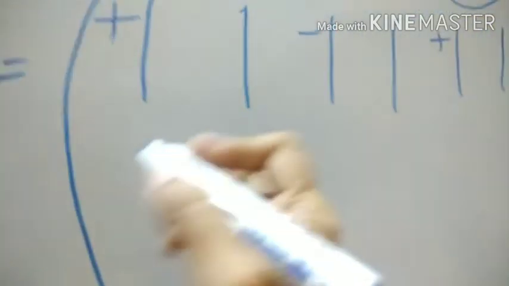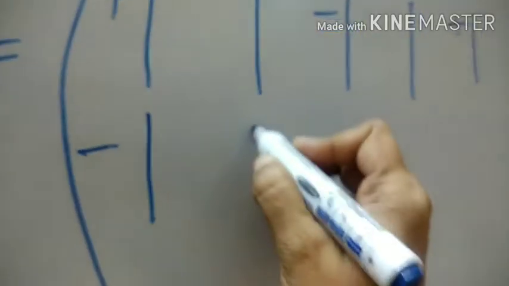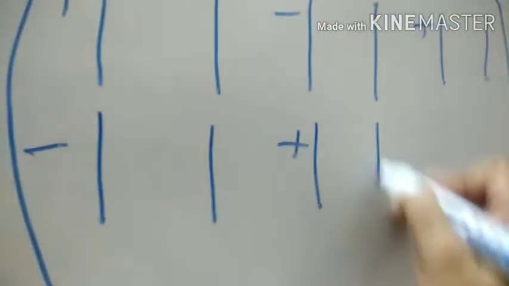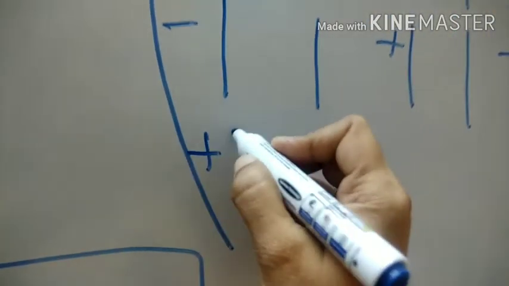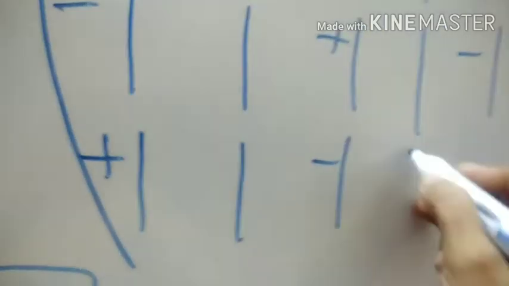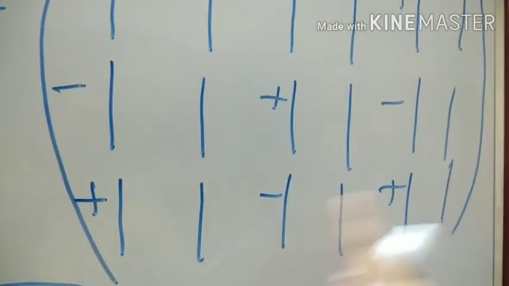So remember how we write it? Plus minus plus. Second row minus plus and minus. Third row plus minus plus. So it is good that I write first plus minus plus, minus plus minus and plus minus plus.